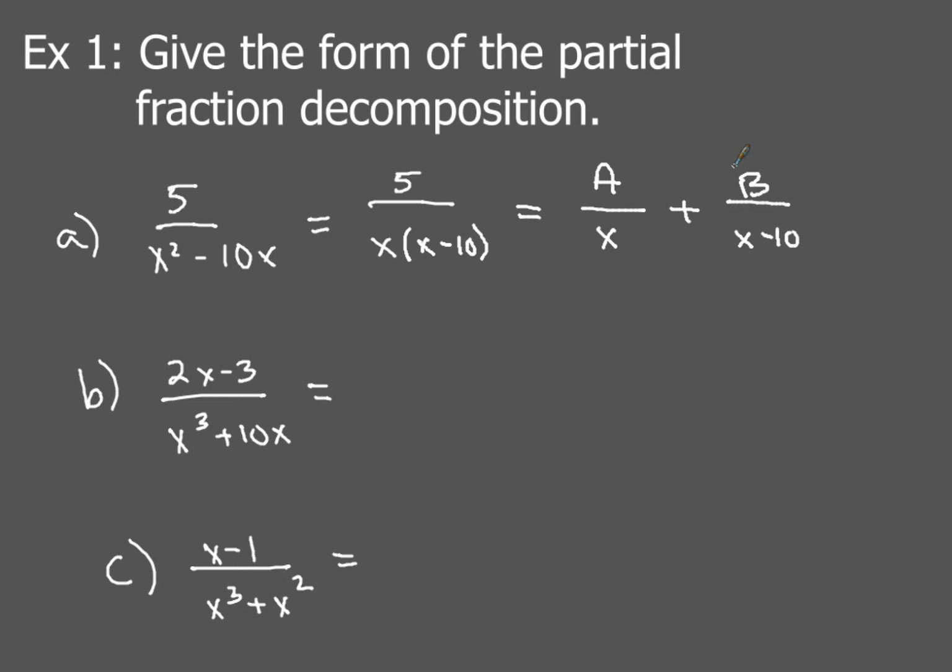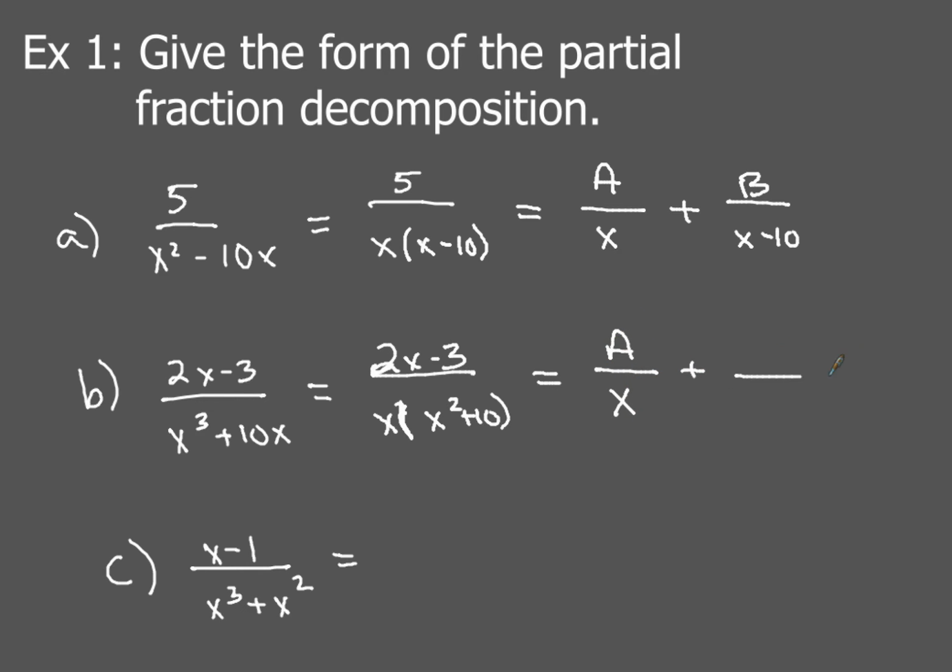But right now, I just want you to practice and understand how to break the fraction apart into its partial fractions. This 2x minus 3 over x cubed minus 10x, this one's going to be a little bit different. Because when you do this one, you're going to be able to factor out an x, and then you're going to have x squared plus 10. So the first term, you're going to have some constant over the x.